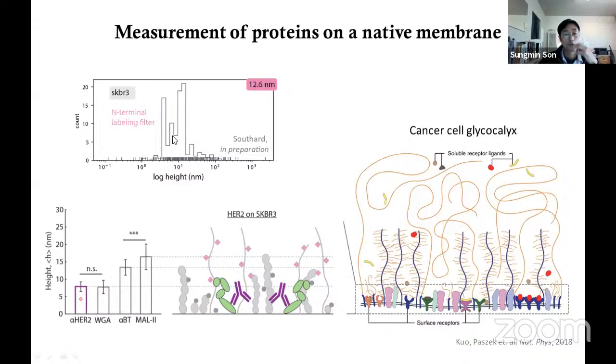If you filter the distribution of proteins expressed in SKBR3 cells, the N-terminus height is on average about 12.6 nanometers.